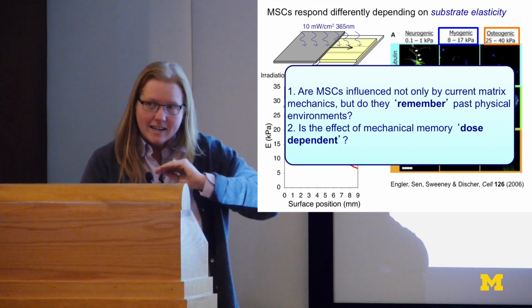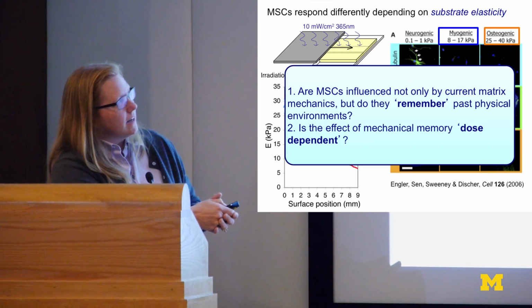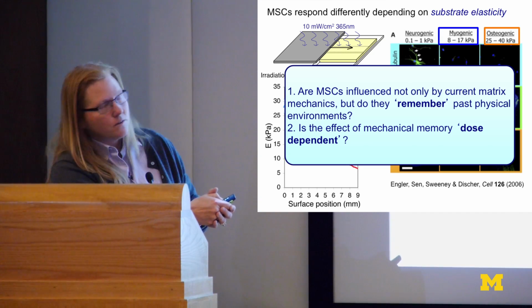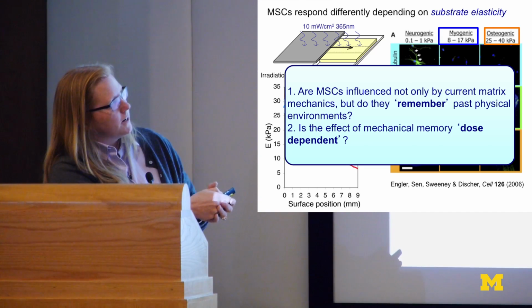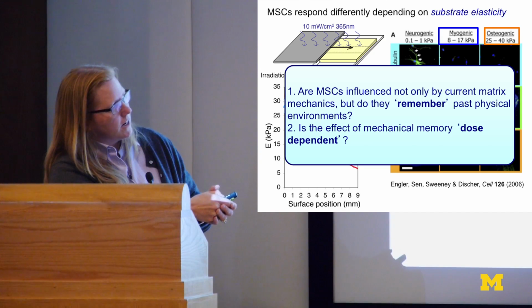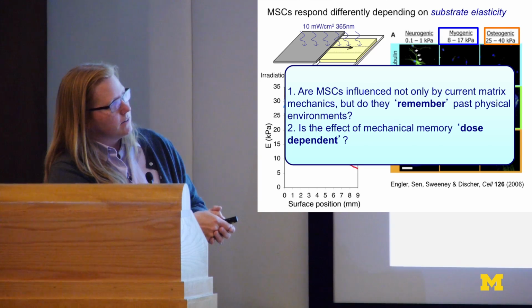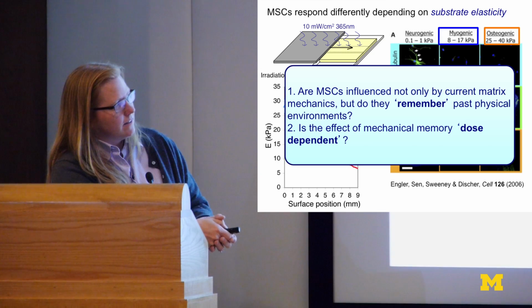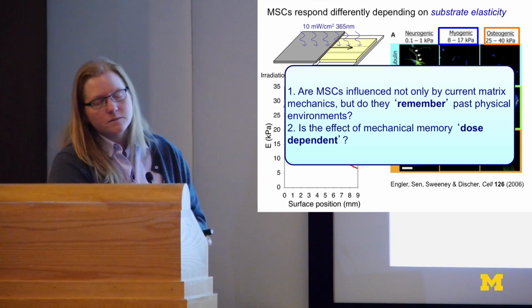And without adding any molecules to the media, when cells sense different stiffness substrates, it can influence their fate. Very soft gels, making them become more like neurons. Intermediate gels, making them become more like muscle cells. Osteogenic gels and osteogenesis occurs on very stiff gels.